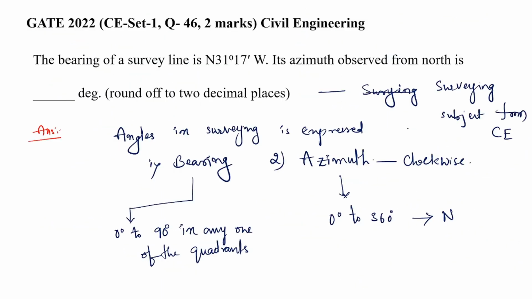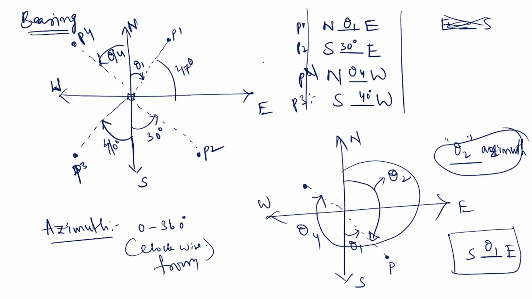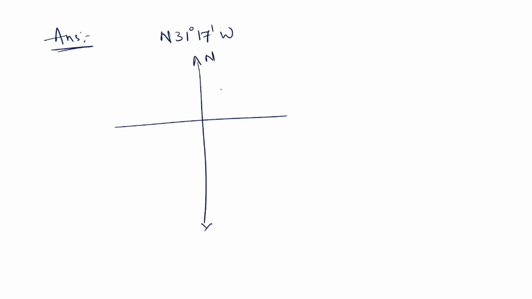Let us go to the question. The bearing of the survey line is north 31 degrees 17 minutes west. I'll write the final answer: north 31 degrees 17 minutes west. So north, south, east, west, 31 degrees 17 minutes.